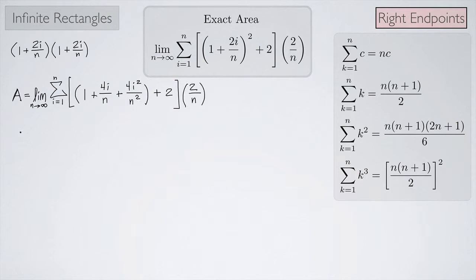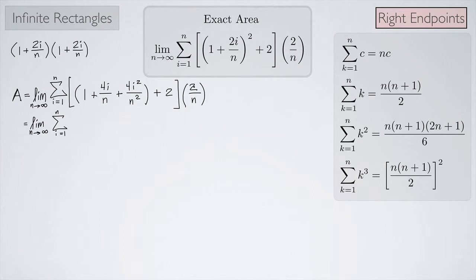Okay, so next line down, let's try and simplify this a little bit more. Remember, I'm just going to keep writing the limit here until the very end. You can just kind of ignore it. Times the sum from i equals 1 up to n of. Okay, so I have a 2 and a 1 here. That can become a 3. And then I want to distribute this 2 over n.